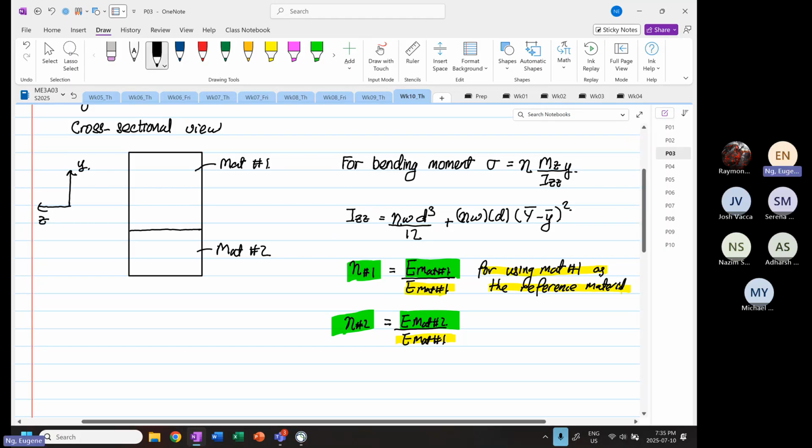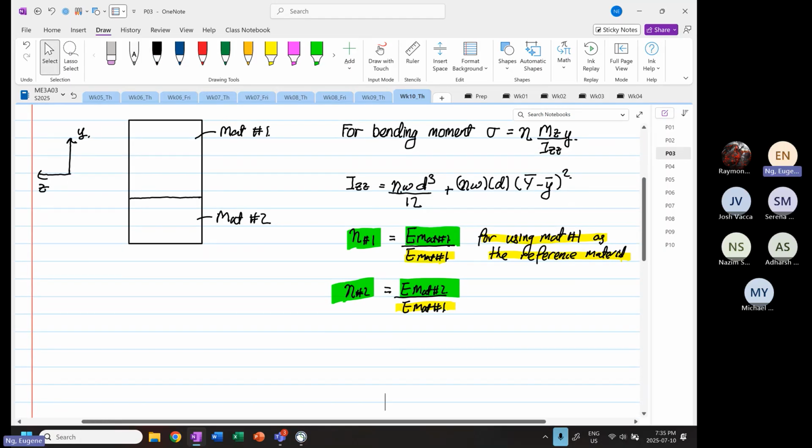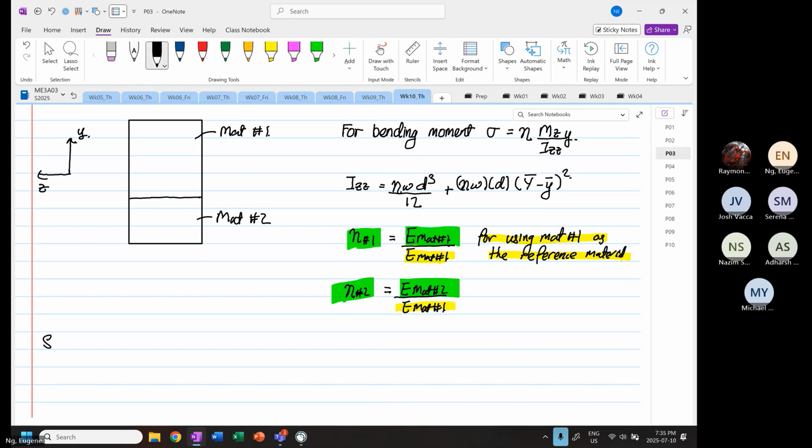So in terms of shearing stress, it's very similar. Okay, so in shearing stress, the shear will be equal to Vy over Izz. Okay, and then we have an n with that y bar, right, divided by thickness.